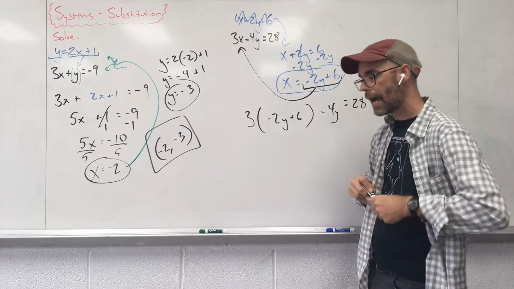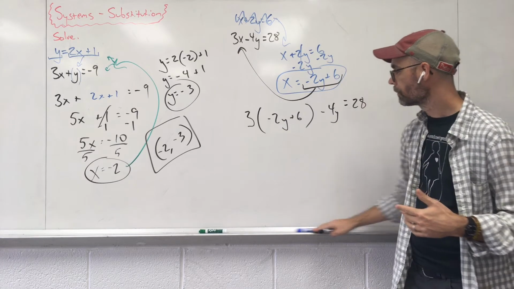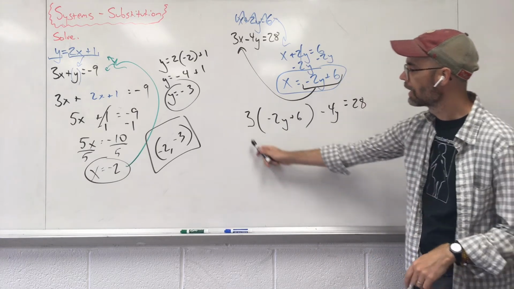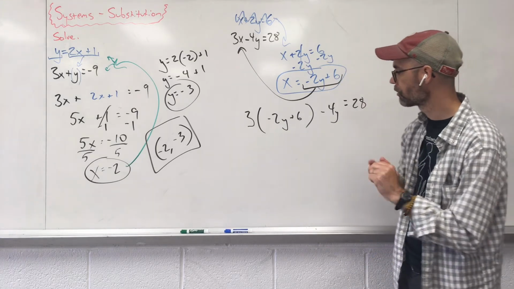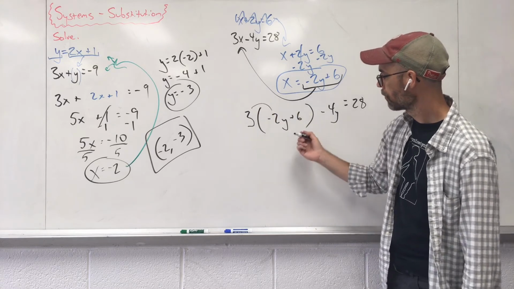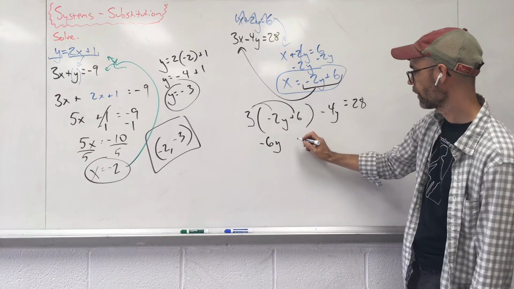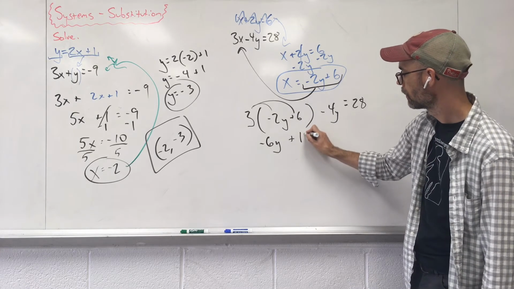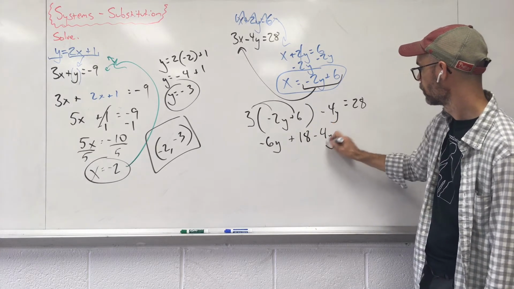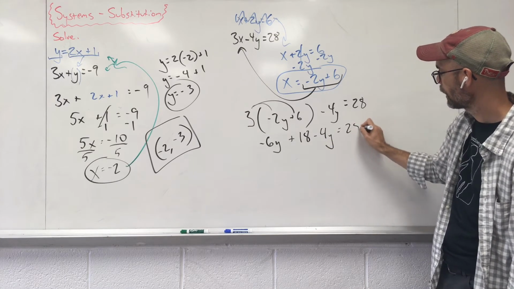Okay, so now we have a little bit more that we need to do here. We have parentheses. Let's get rid of those parentheses by distributing. 3 times -2y, negative 6y. 3 times 6 is going to give me 18. Bring the minus 4y and 28 down.